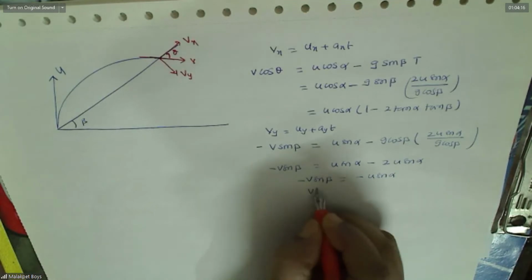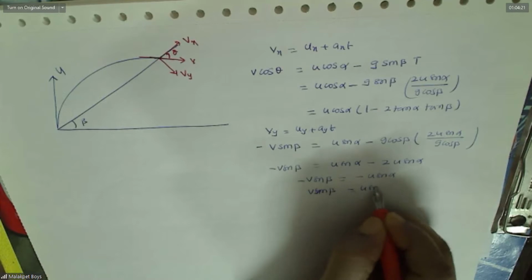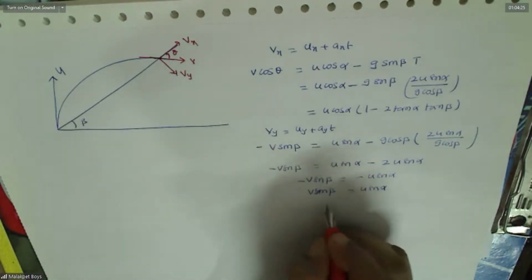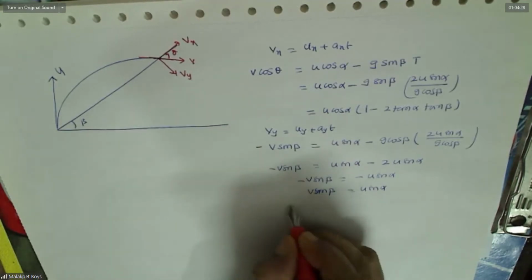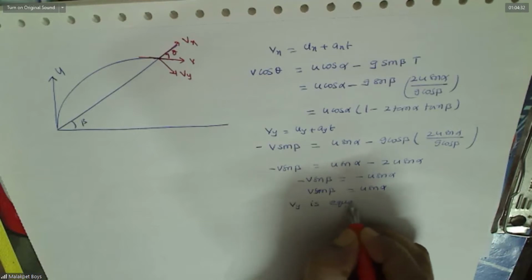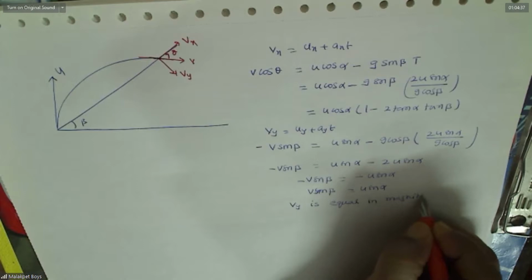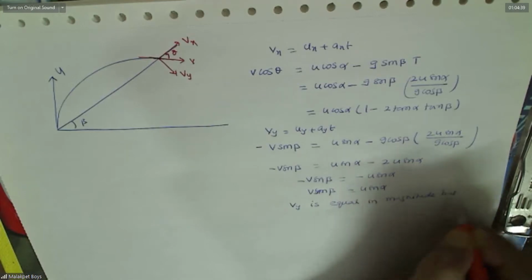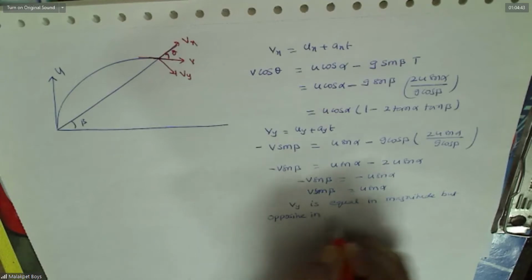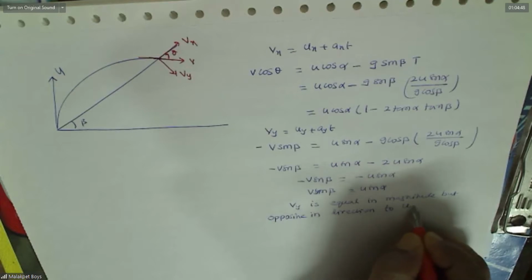That means you can say that, clear. So we can say that Vy is equal in magnitude, but opposite in direction to what Uy.